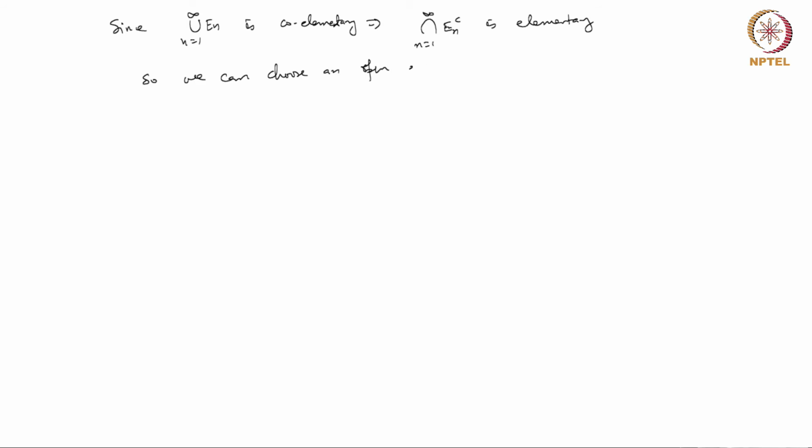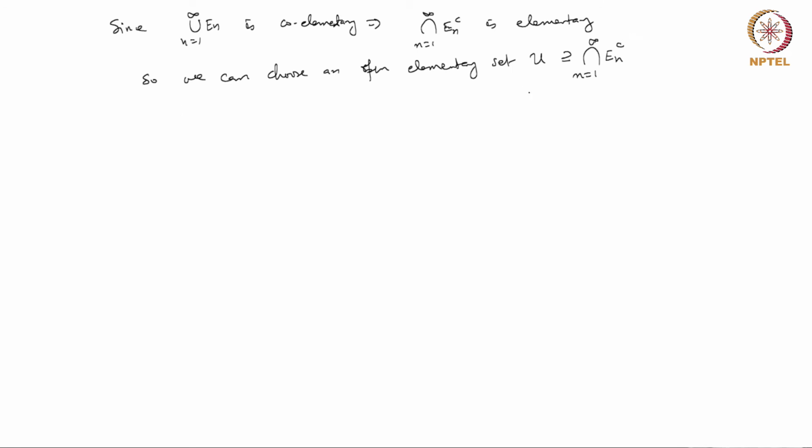Since the union of En, n equal to 1 to infinity, is co-elementary, this implies that the intersection of the complements, n equal to 1 to infinity, is elementary. So we can choose an open elementary set U such that it contains this elementary intersection of the complements of the En.